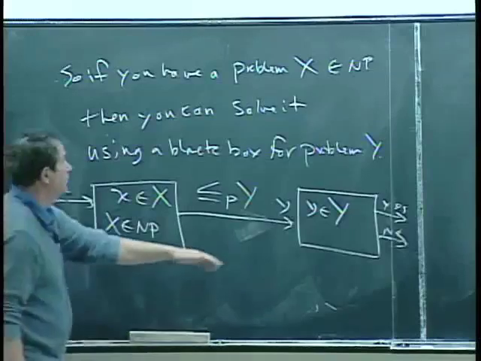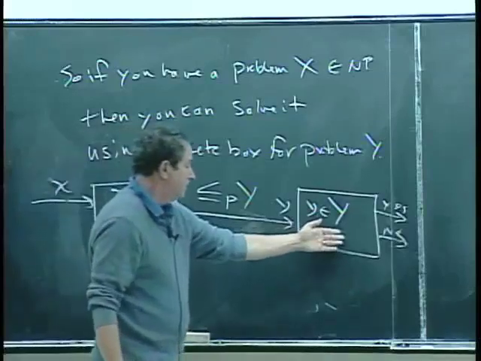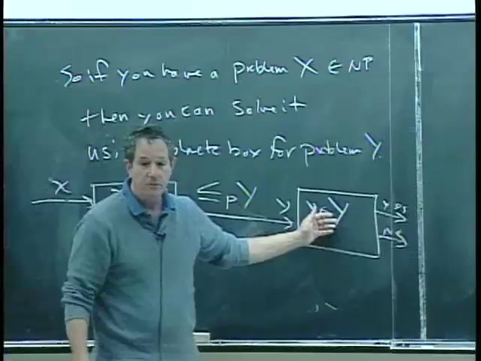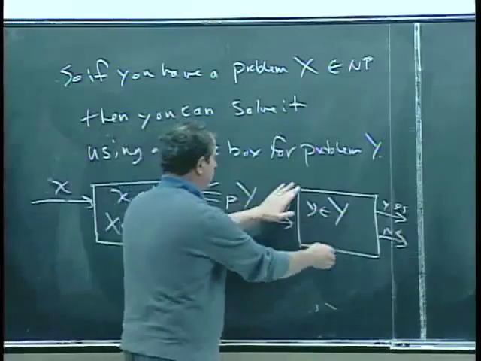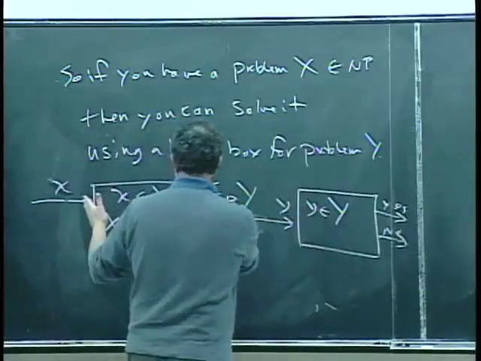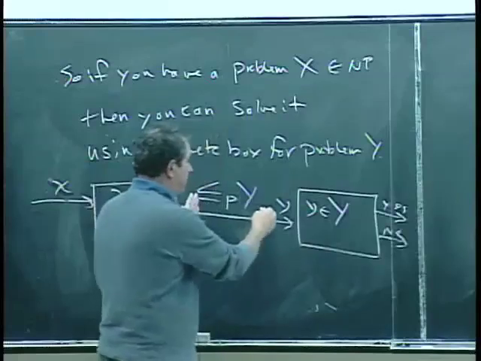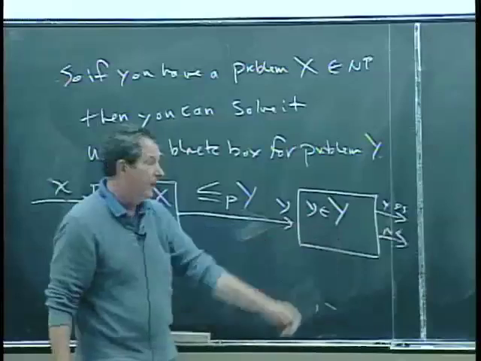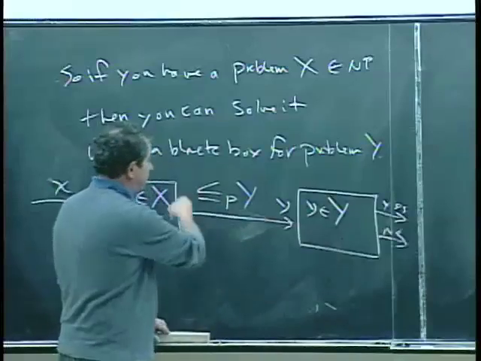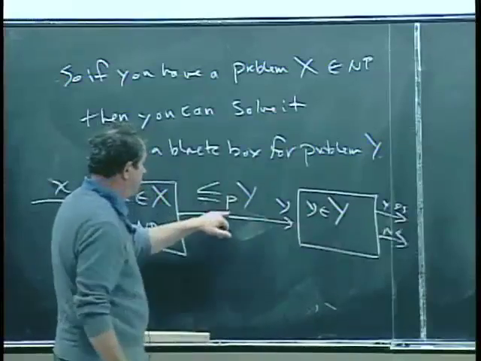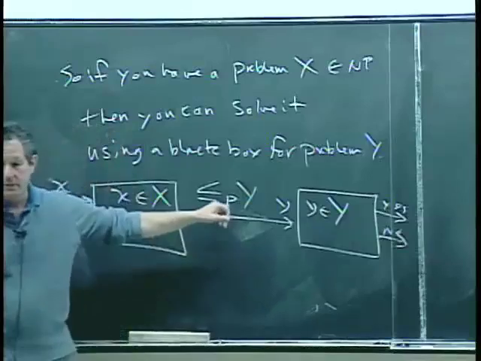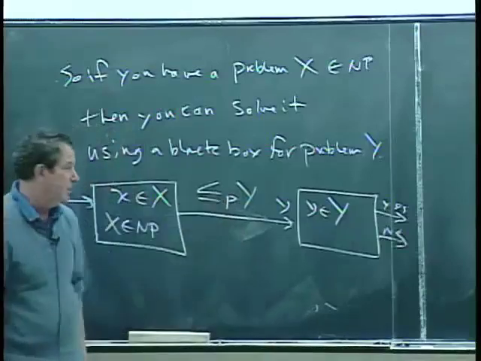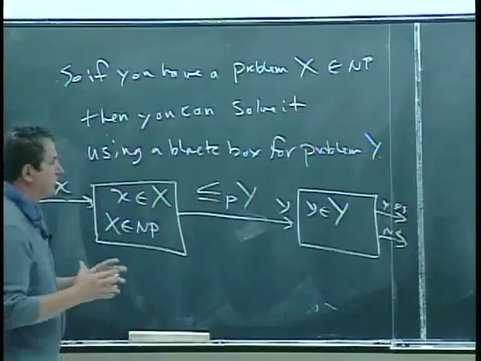So this problem Y, as I said earlier, is very expressive. Any other problem in NP can be re-expressed as a problem in Y. And that re-expression only takes polynomial time. It's through this polynomial time reduction. So that's sort of the origin of the word complete.